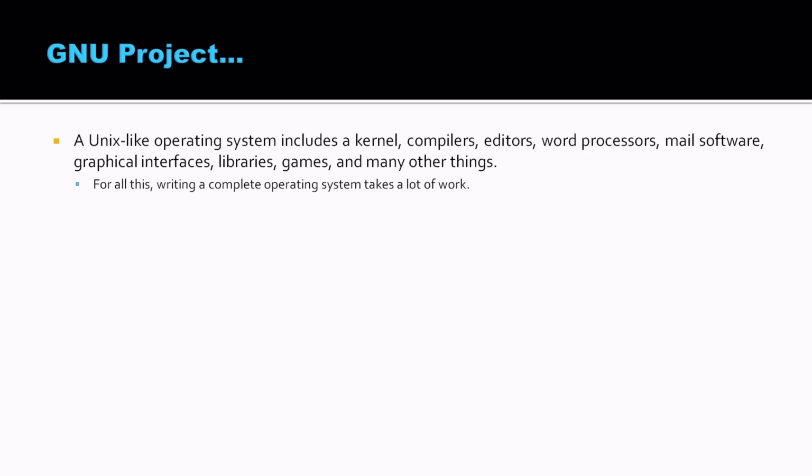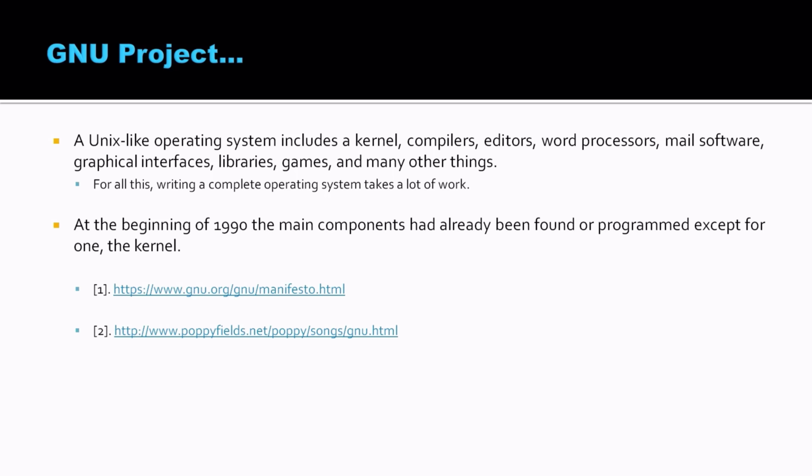A Unix-like operating system includes a kernel, compilers, editors, word processors, mail software, graphical interfaces, libraries, games, and many other things. Writing a complete operating system takes a lot of work. At the beginning of 1990, the main components had already been found or programmed except for one, the kernel. You can go through these links for more information.